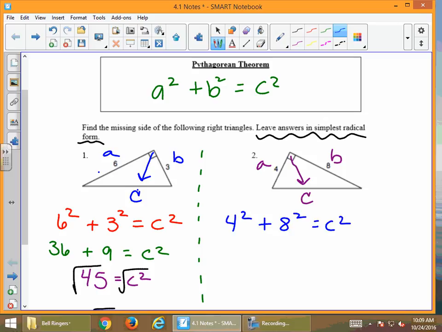And then simplify. 4 squared? 8 squared? Well, C squared. 16 plus 64? Good. 80? And again, what do we have to do to get rid of that square?